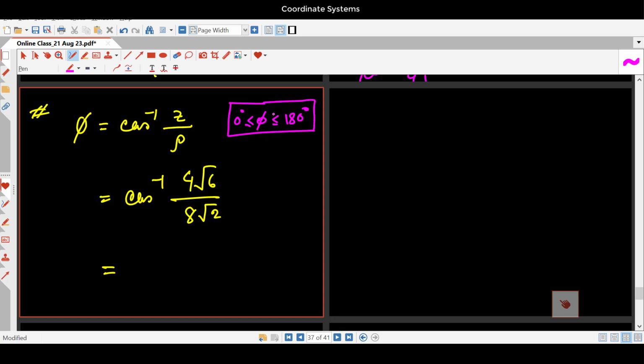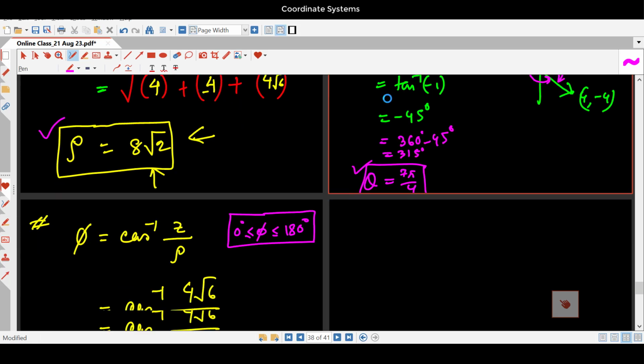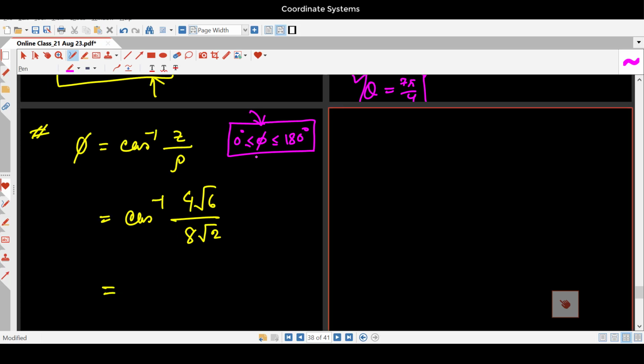But remember, there is a shortcut: for theta you may have to adjust, but for phi you will most of the time get the correct result. Okay, so no need to adjust, you will always get the result in this region.